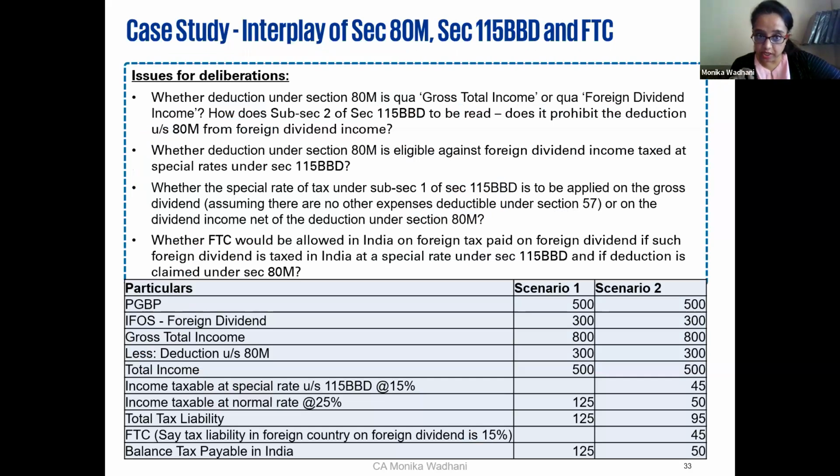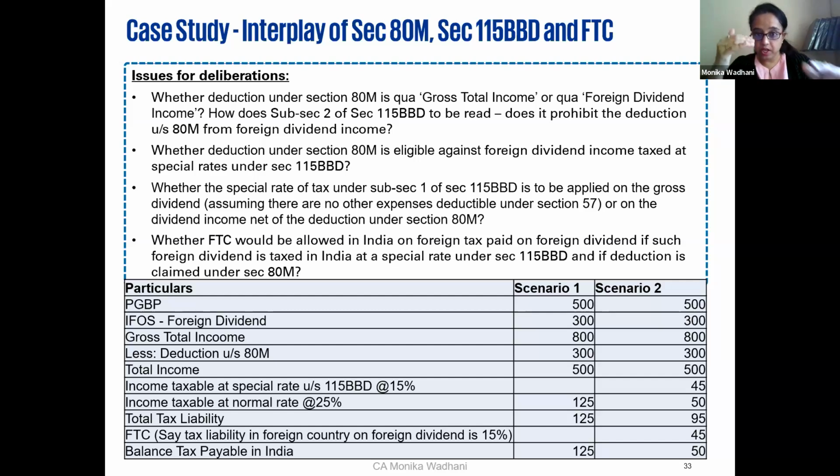Is the deduction under 80M eligible against foreign dividend income taxed at special rates under 115BBD? Is the special rate under 115BBD subsection 1 to be applied on the gross dividend or on the dividend income net of the deduction under section 80M? And would FTC be allowed in India on foreign tax paid on foreign dividend if the foreign dividend is taxed at a special rate?